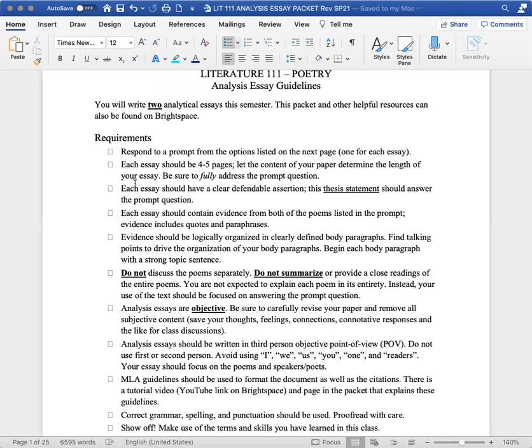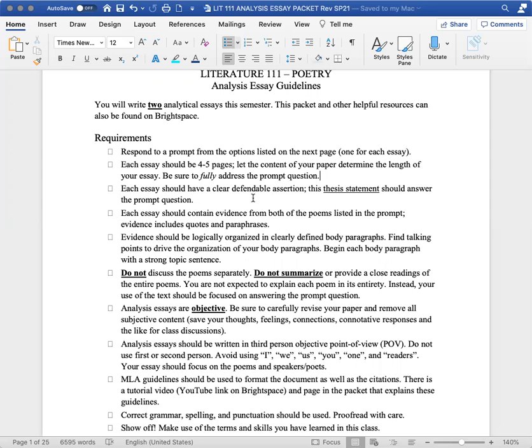The next bullet point here is that each essay should have a clear, defendable assertion. Another way to say that is a thesis statement. And that thesis statement, which is 1 sentence, should respond to the prompt question. So unlike the close readings where you're only talking about one poem, in this case, you're answering a prompt question and using the poems to help you answer that question.